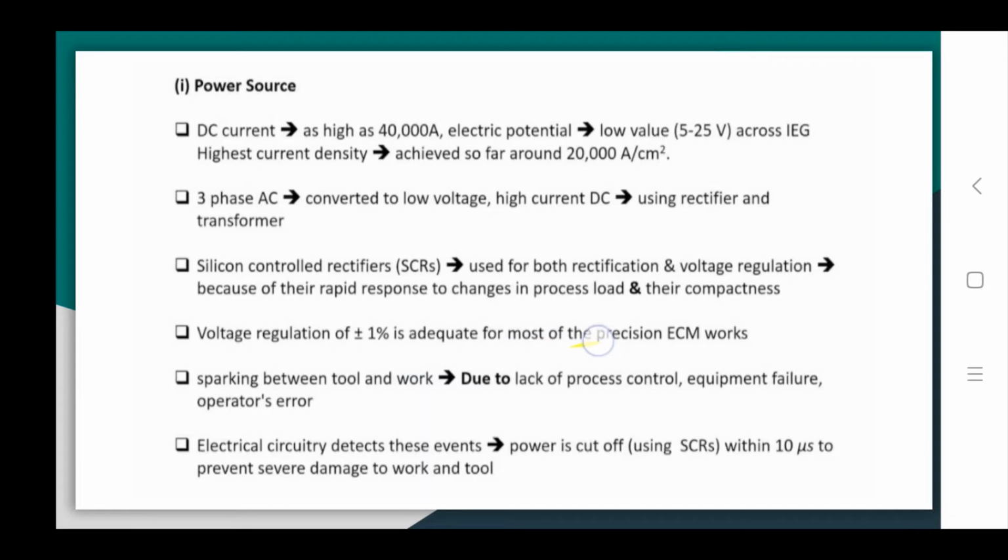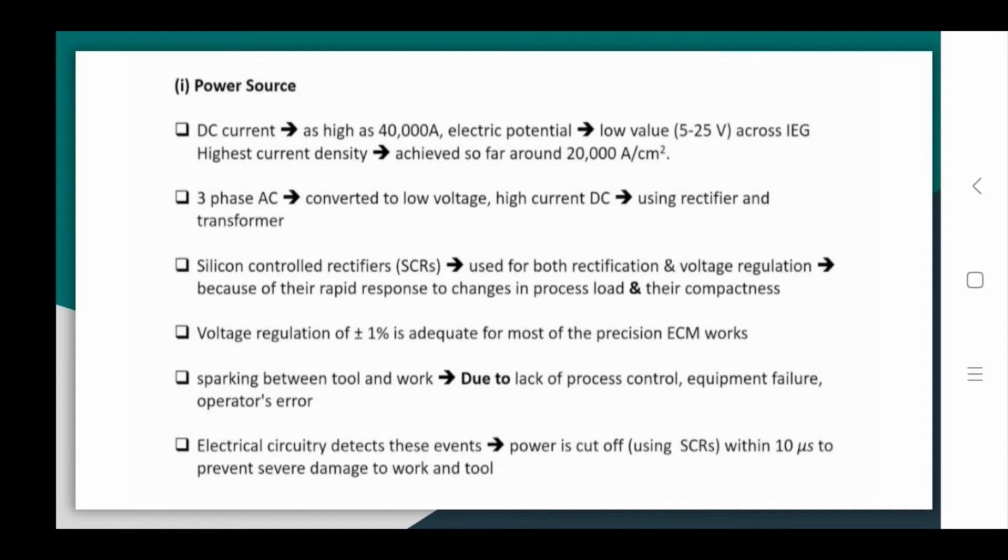Sometimes there is a spark between the tool and the workpiece due to lack of process control, equipment failure, and operator error. Electrical circuitry detects these events.